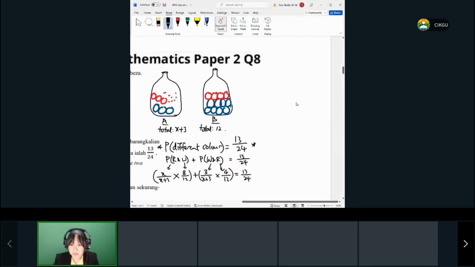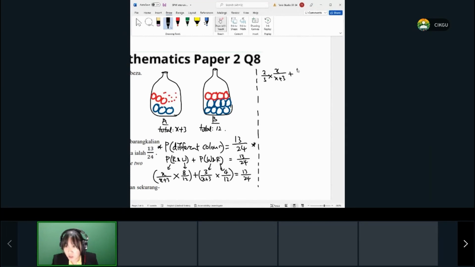At the side here, I continue. Let me simplify this. 8/12, I can simplify as 2/3. So 2/3 multiplied by x over x plus 3, plus 4/12, which I can also simplify to 1/3.